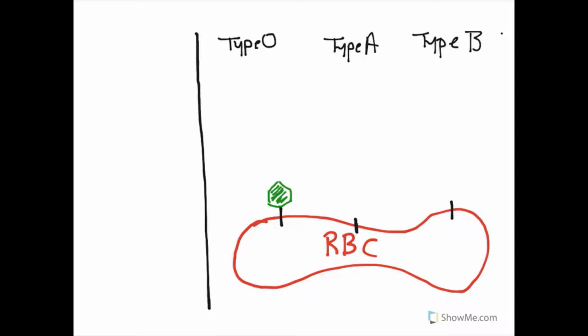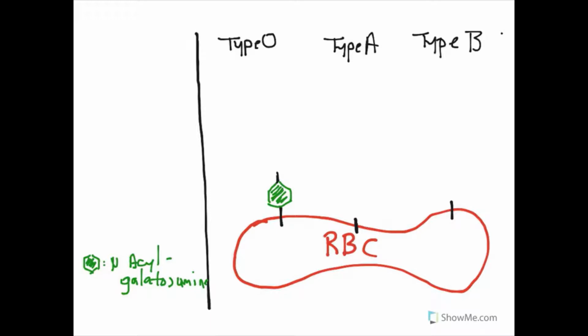And the green carbohydrate is going to be referencing a molecule called N-acyl galactosamine. So that's N-acyl galactosamine. Then we're going to bind it to another carbohydrate.